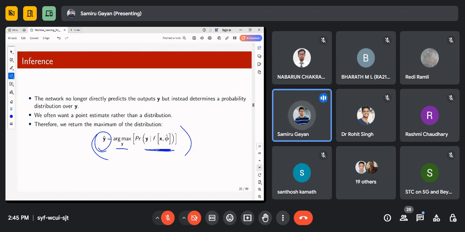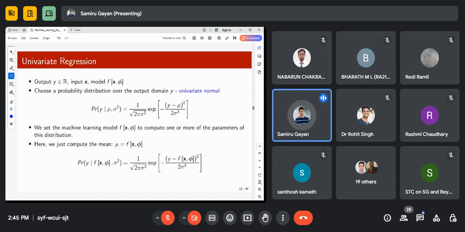Okay, if we look at an example, this is very clear. Let's start with the simplest case and assume that the output y is one-dimensional, a real number. Input is x, and we need to find a model for y. Since the output is a real number, we need a probability distribution that can replicate that behavior.